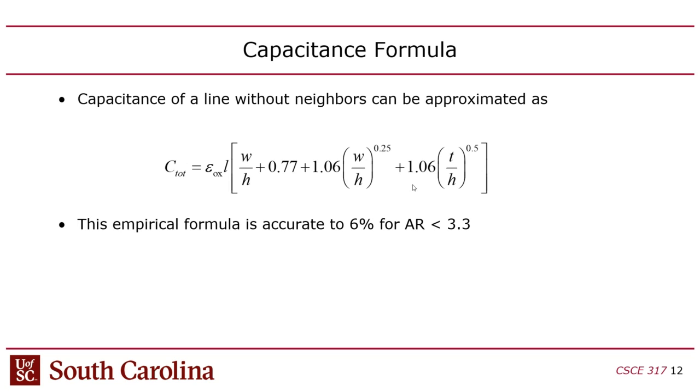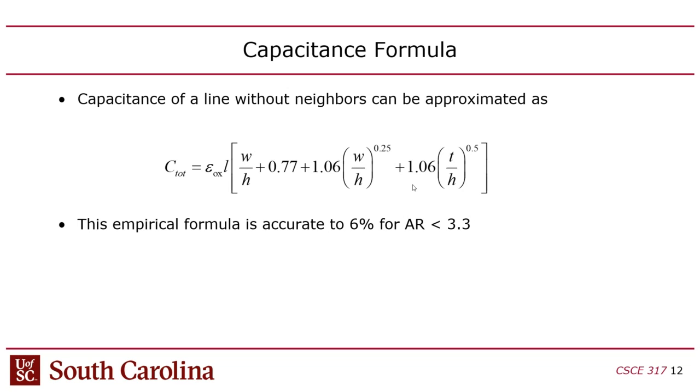So what is that? It's an approximation. That's a function of the width and height of the wire, and of course the length, and the oxide permittivity. It's an empirical formula, so basically someone went and measured this and curve fit it.